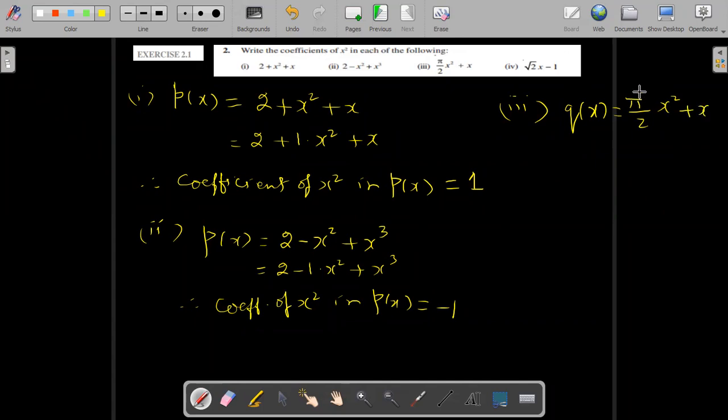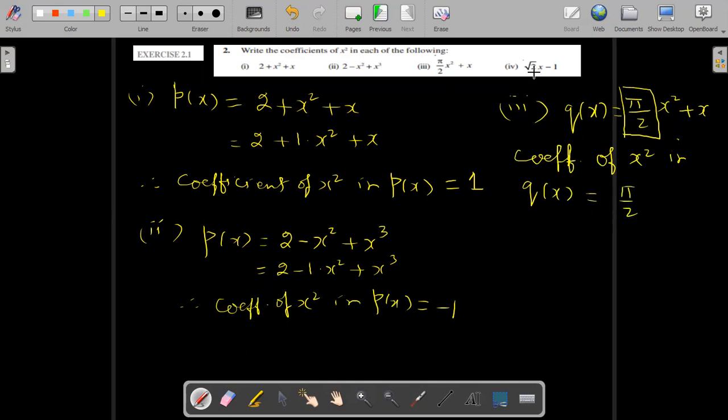So the number coming before x square is pi by 2. Therefore, the coefficient of x square in this polynomial qx is equal to pi by 2.